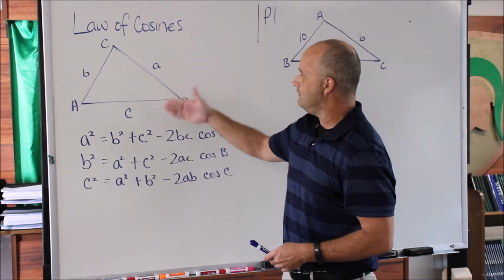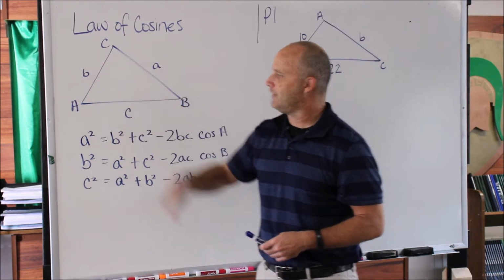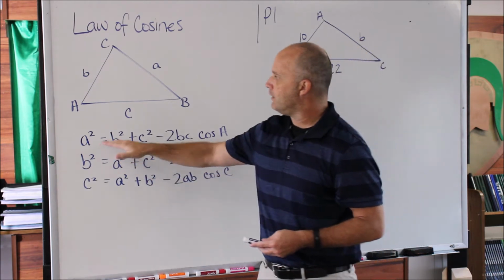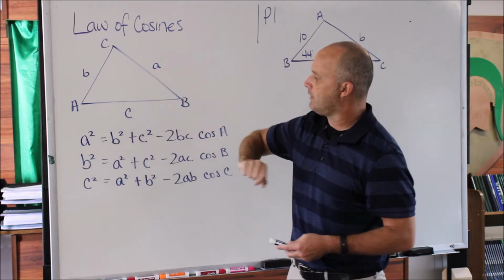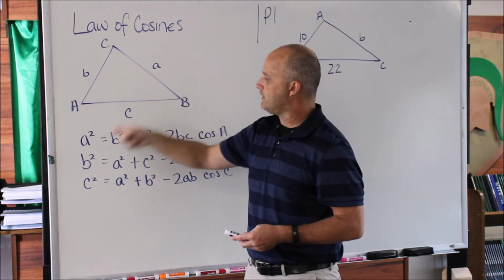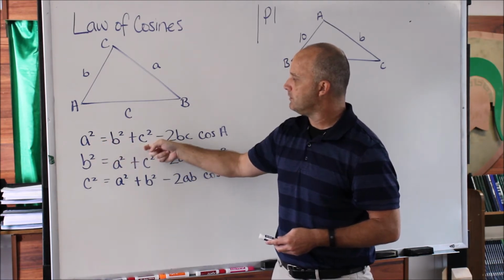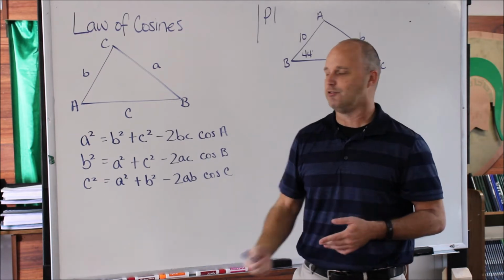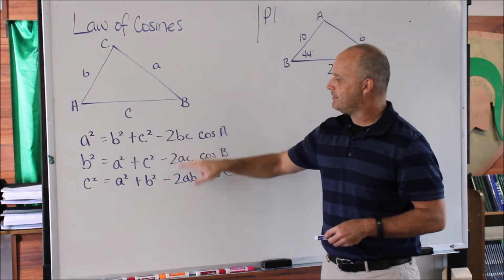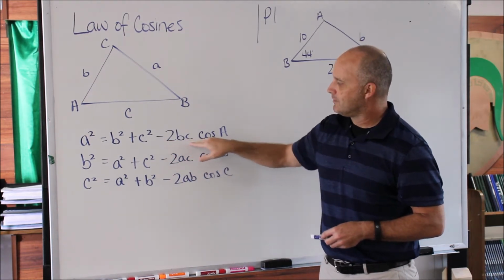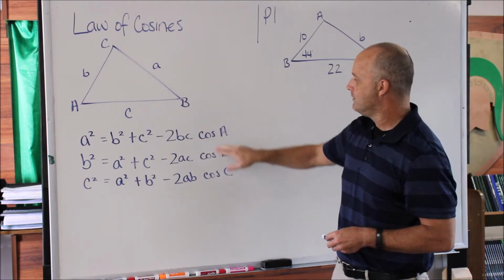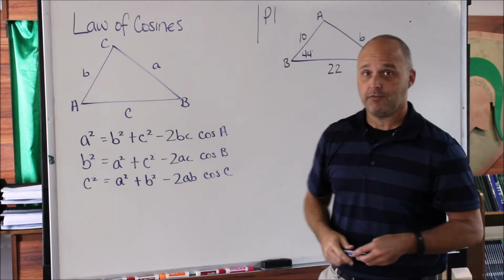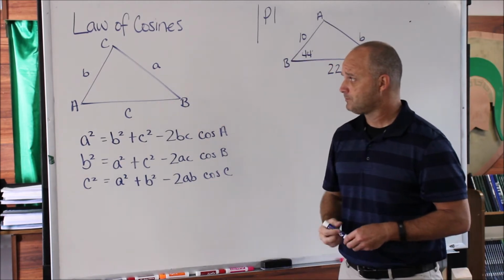You could call this A, you could call this A. If you're looking for, say, this side length, then this side length squared equals b squared plus c squared, so the sum of the squares of the other two side lengths, minus double the product of the other two side lengths times the cosine of the angle that's across from the side that you're looking for.